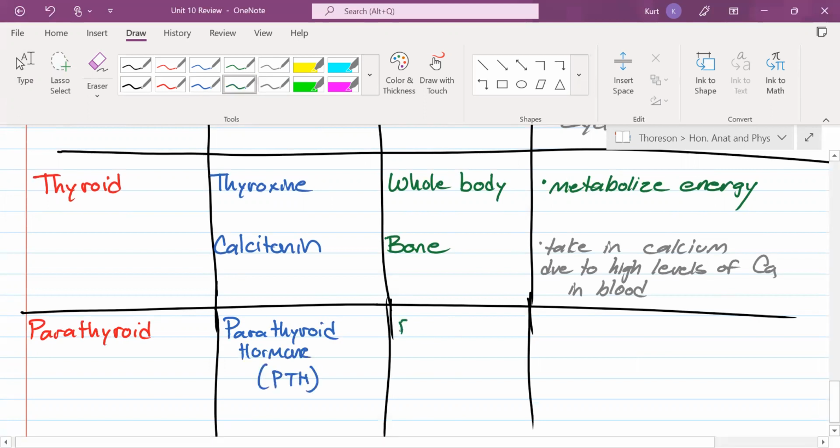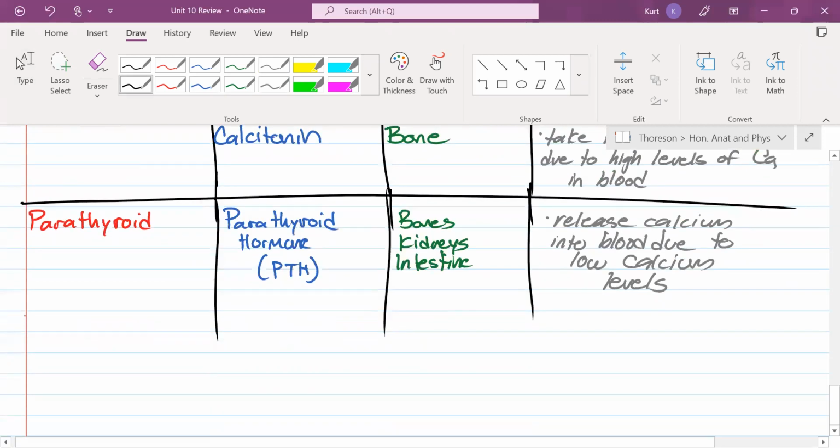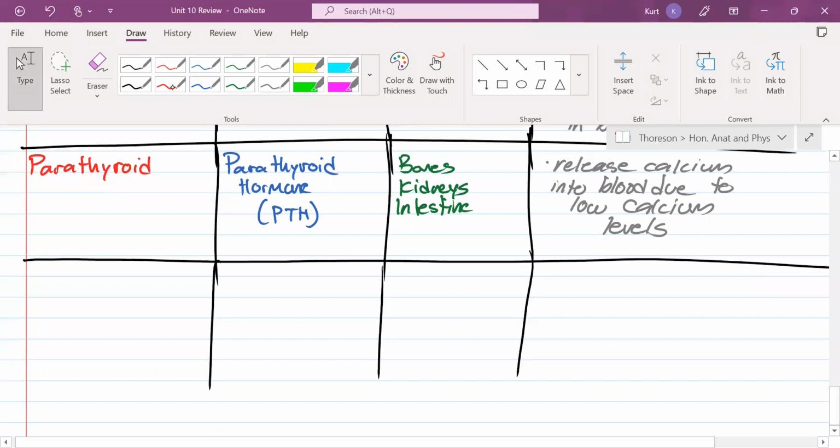It targets your bones, kidneys, and intestines to cause them to release calcium into the blood due to low calcium levels. All right, got 4 minutes here.